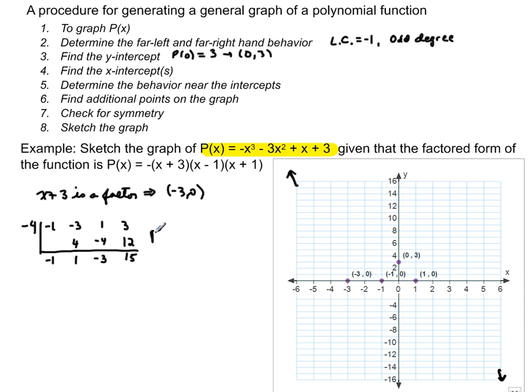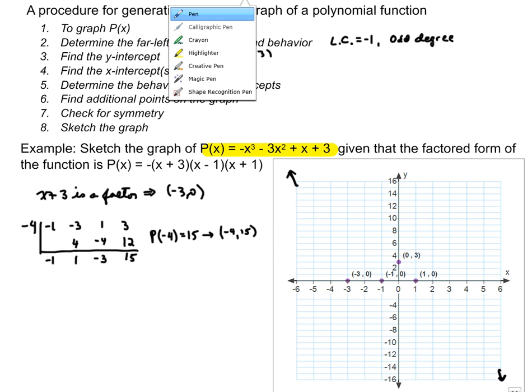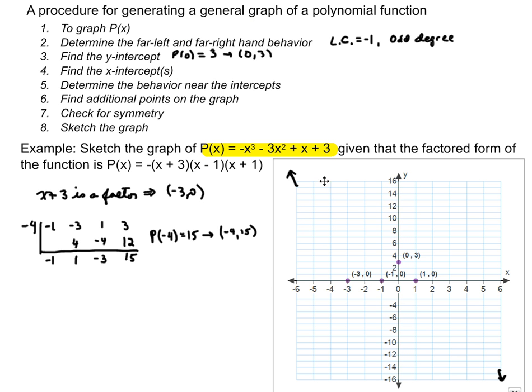So I know that p of negative 4 is equal to positive 15, which is to say that this graph passes through the point negative 4, 15. That's really useful because if I'm graphing this function, I know that I want to go to the point negative 4, 15.